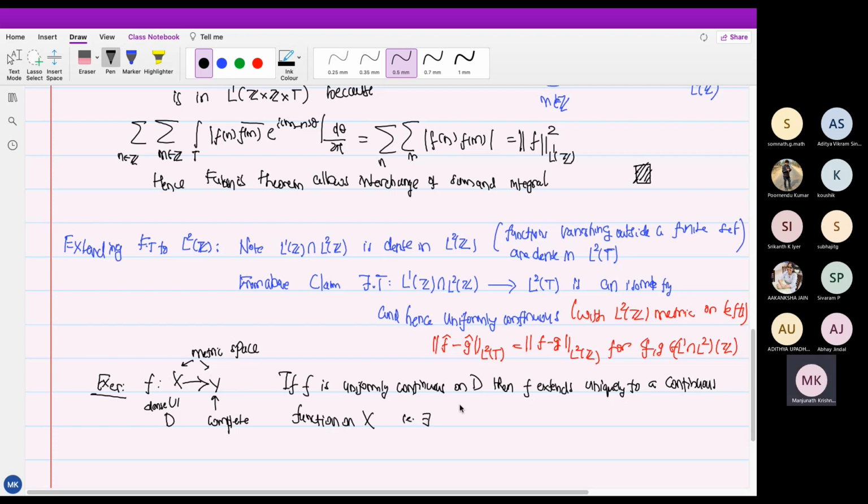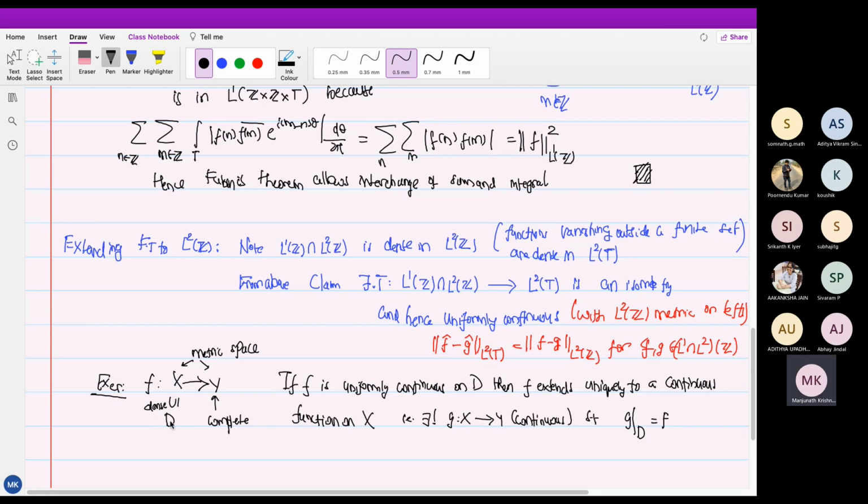That is, there exists a unique G from X to Y, continuous, such that G restricted to D is the same as F. Okay, so originally F may be defined only on D actually, so maybe I got it slightly wrong.